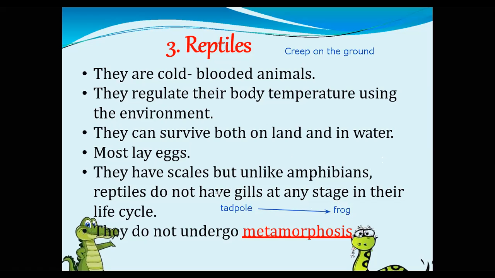That means the tadpole is one type of structure, and the frog is another type of structure. The body structure is different. This type of body structure changing is called metamorphosis.